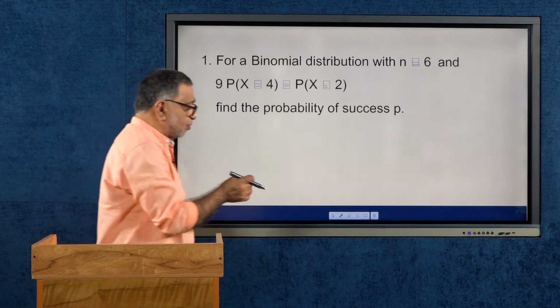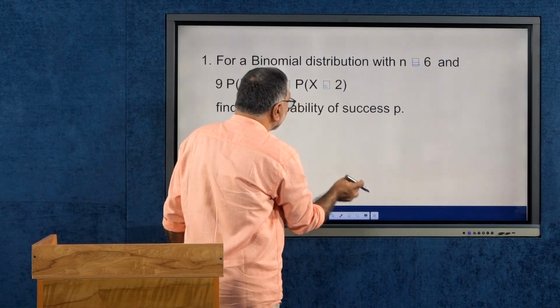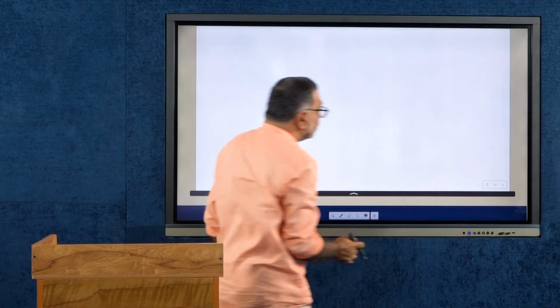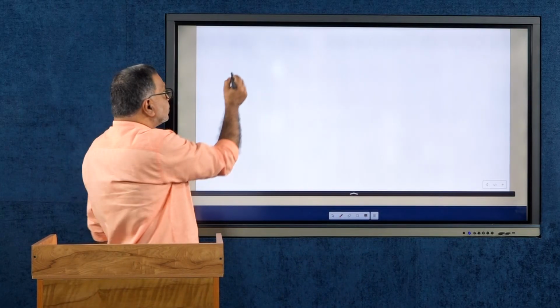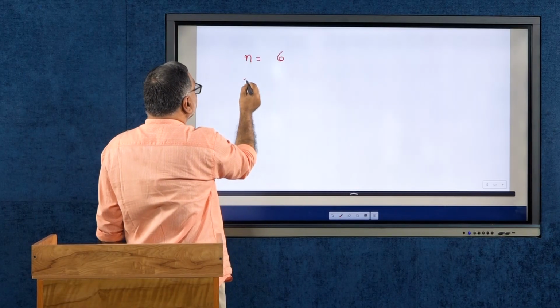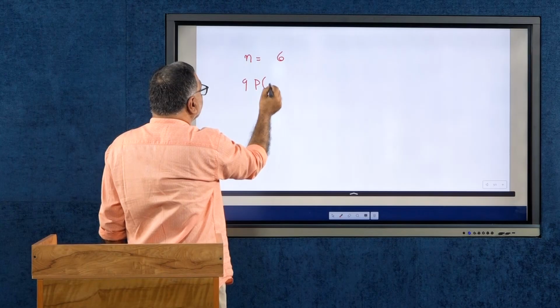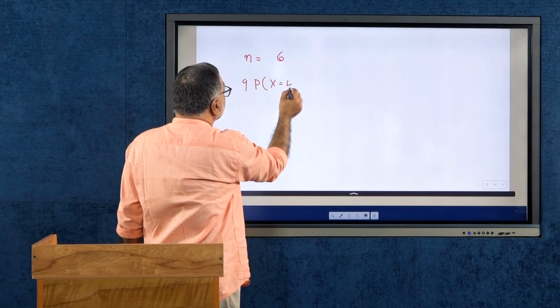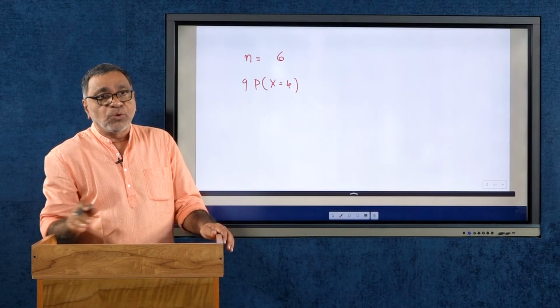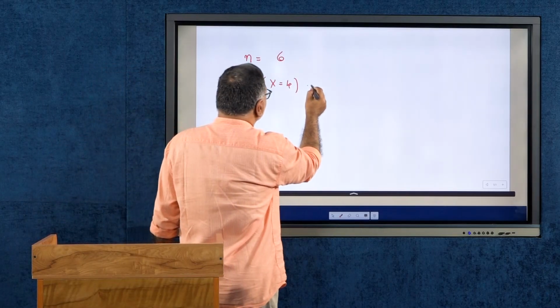So, consider that problem. Suppose you are given n is equal to 6 and another equation is given: 9 into probability of x is equal to 4 is equal to probability of x is equal to 2.